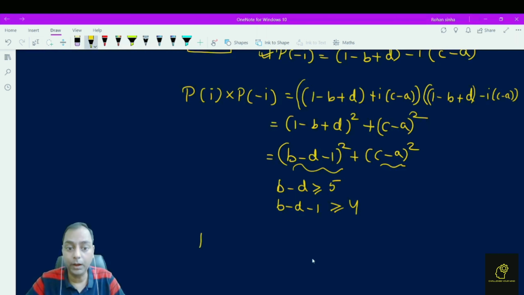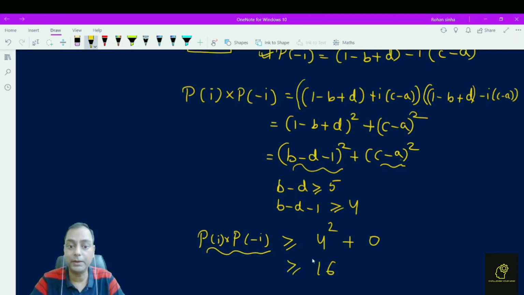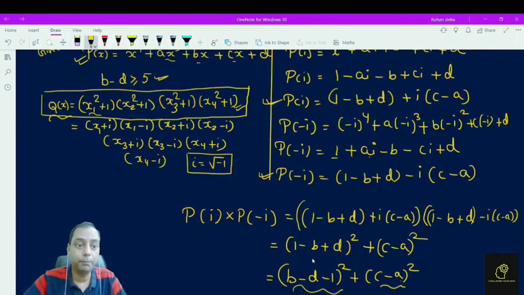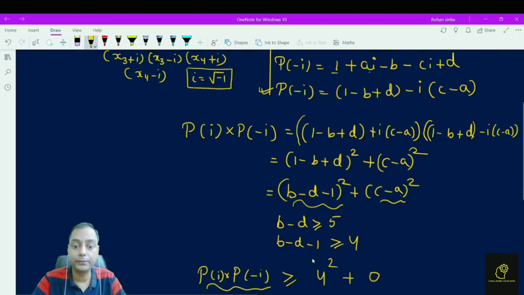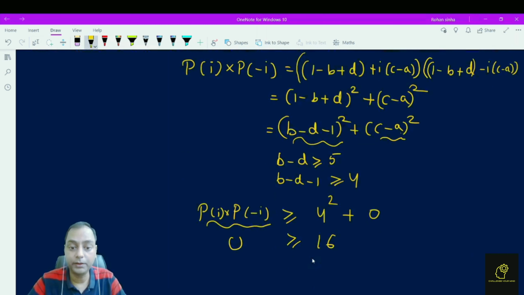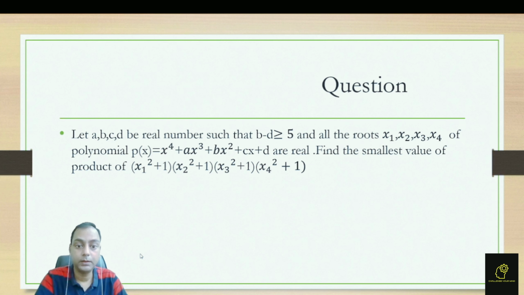So P(i) into P(minus i) is always greater than or equal to 4 squared plus 0, because this is a perfect square and can't be negative. So this is always greater than or equal to 16. And P(i) into P(minus i), that we have already calculated as Q(x). So Q(x) is always greater than or equal to 16. So the minimum value of the expression is 16.